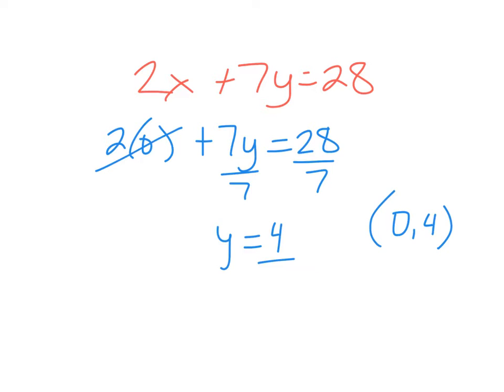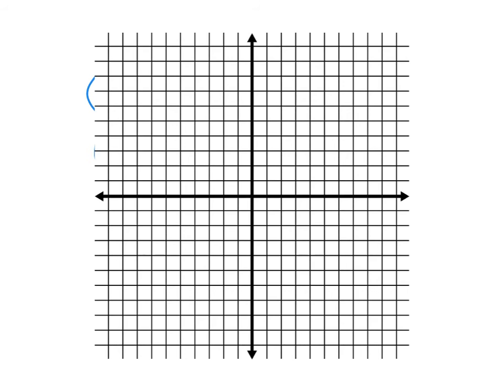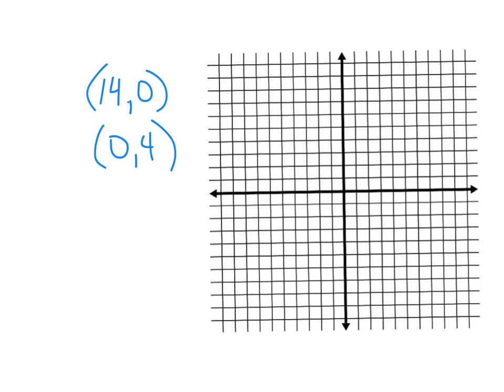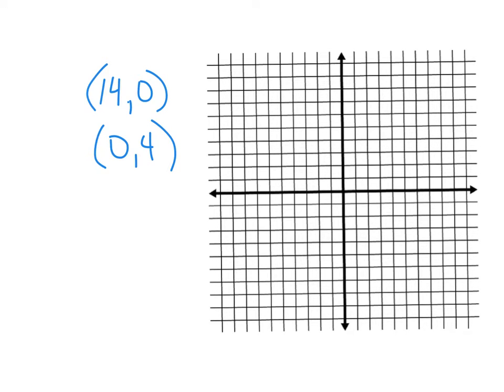All right, and then to graph it, we write our two intercepts. The first one was (14, 0), right? And the second one we solved was (0, 4). So now we get a graph. To graph these, on the x line, let's go by 2's on all of these lines because it only goes up to 10.